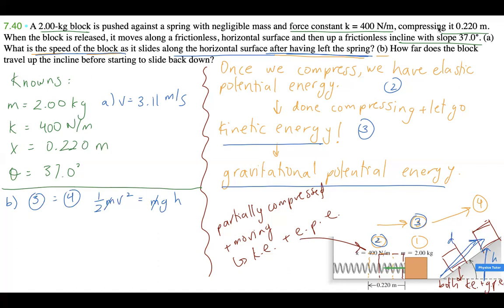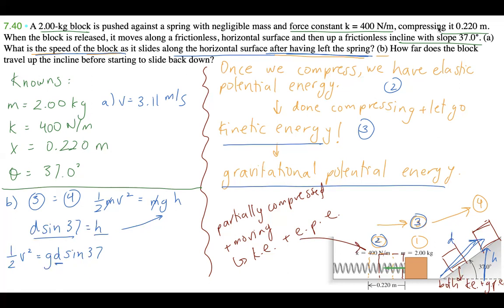We know that d sine 37 is equal to h, and we can replace this value. So we have half of v squared is equal to g times d sine 37. Now we just need to isolate for this distance d.